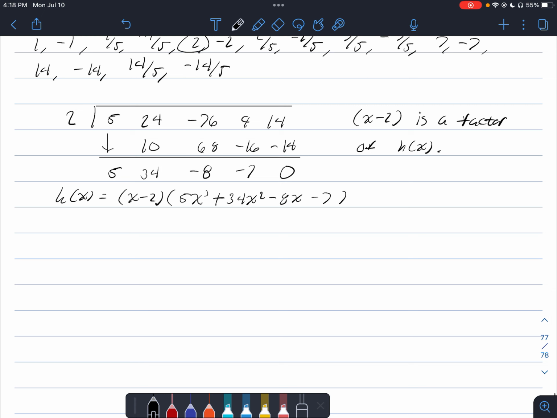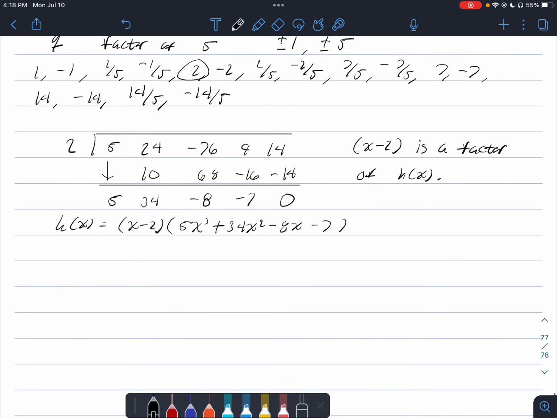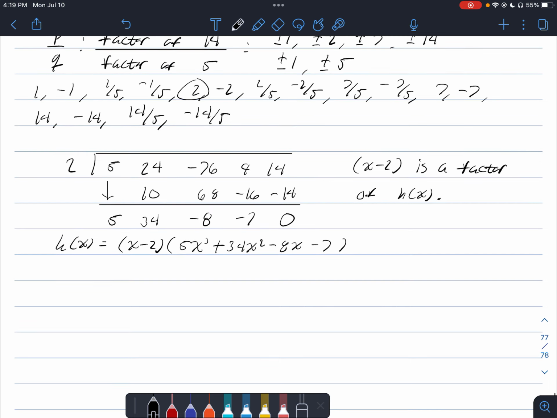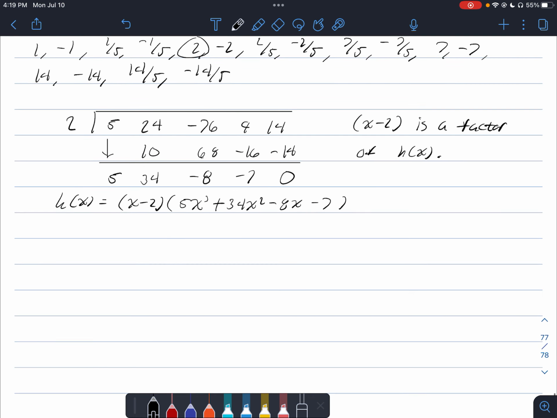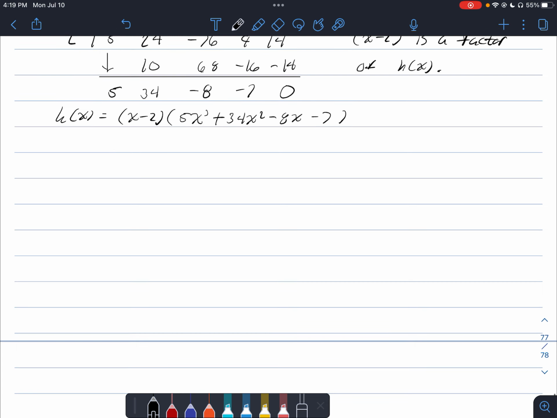You can keep checking zeros with your, well, let me back up just a second here, okay? One of the nice features of this is that each of these possible rational zeros are also a possible rational zero of this particular polynomial as well, okay?